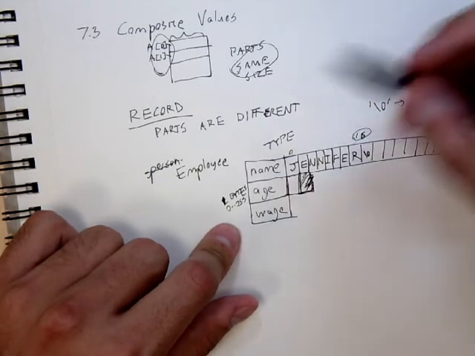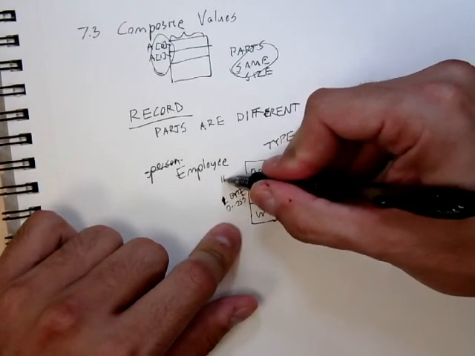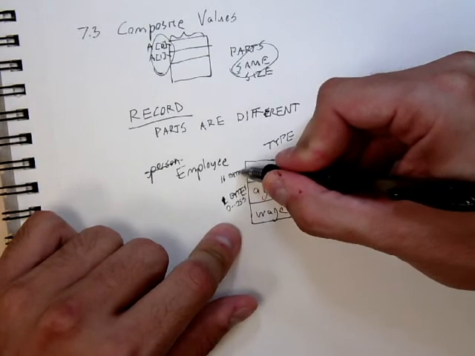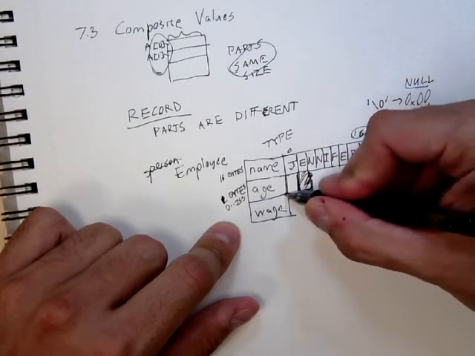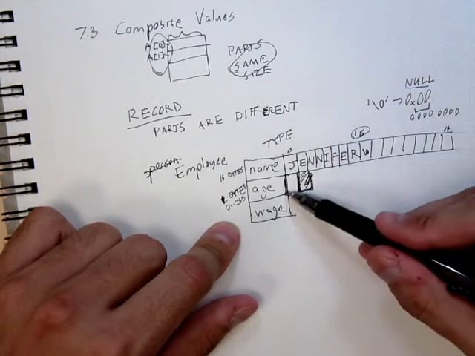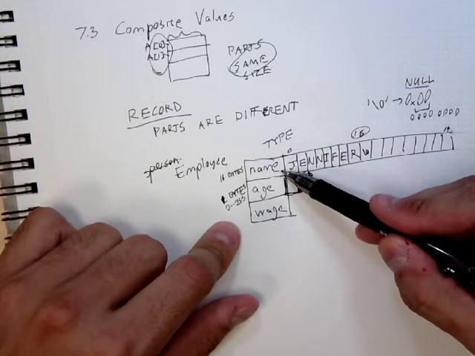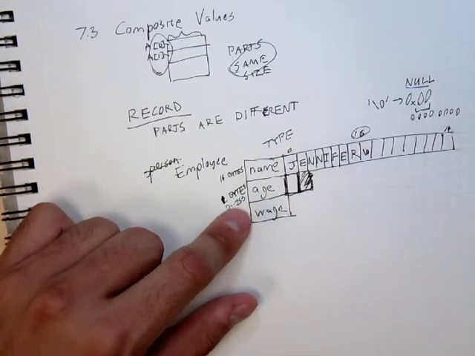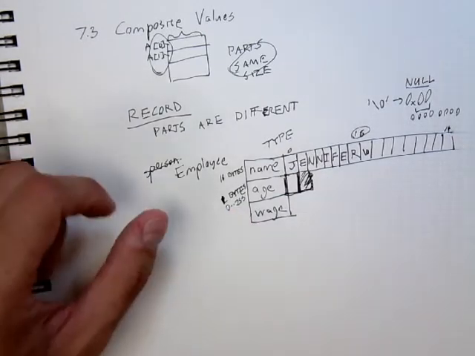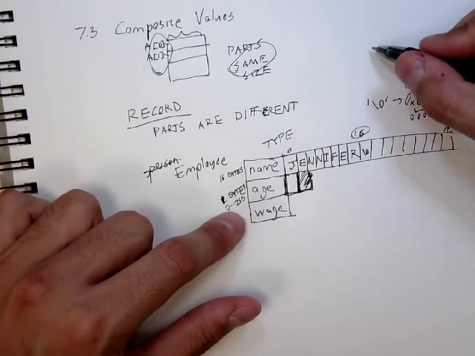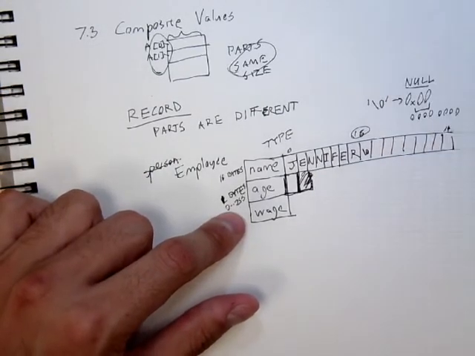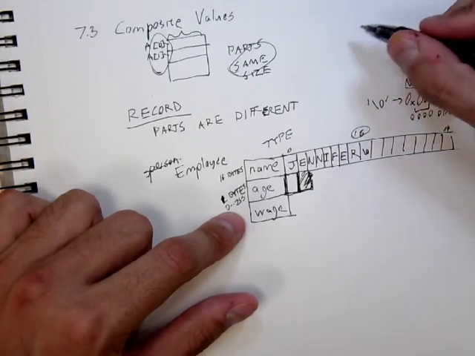Whereas name might require 15 or 16 bytes, because each character is a byte. So age is a much different size than name. And how much you're going to pay a person, usually we represent floating point numbers. A wage might be in dollars, but sometimes it's easy to use something called fixed point.